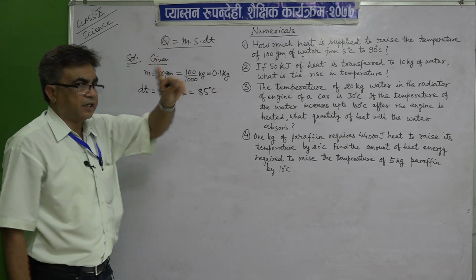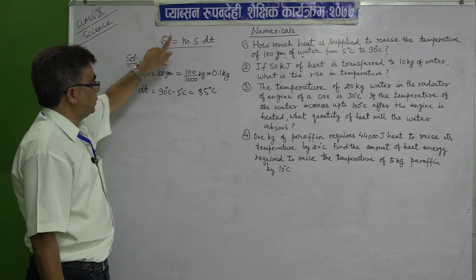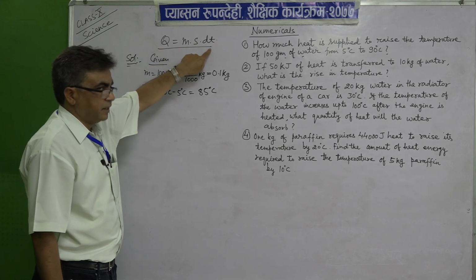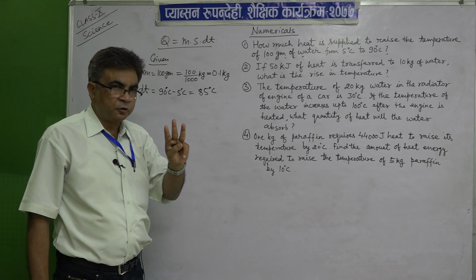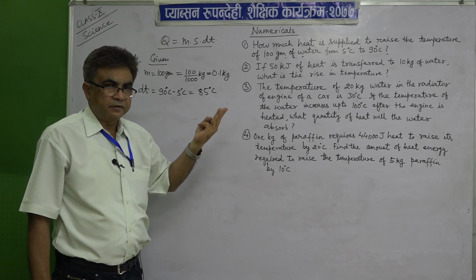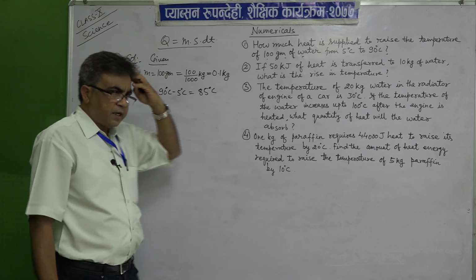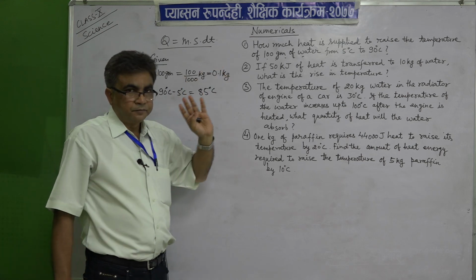Here there are 4 terms: Q, m, S, dt. Out of 4, if 3 are known, we can very easily calculate the fourth. Now, we are searching for the third one.